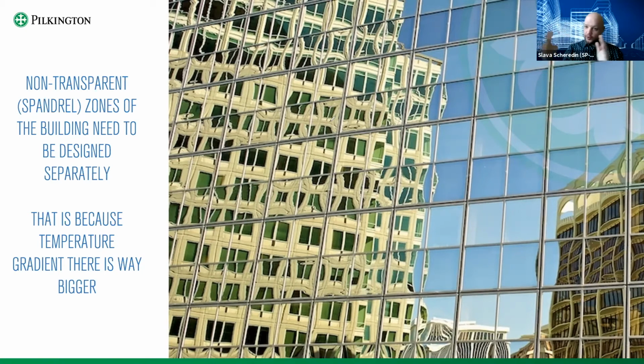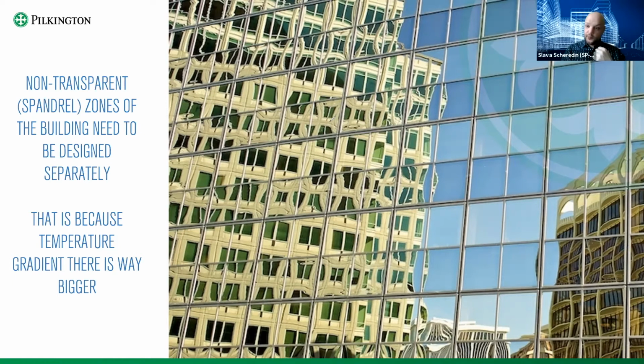So the IG unit cannot dump a lot of heat there. And if outside you're using low E glass, it cannot really drop the heat outside because the low E coating prevents it. That means in the summer, non-transparent spandrel zones are usually overheated. So they heat up much more than the transparent zones.